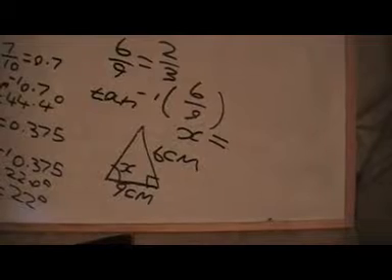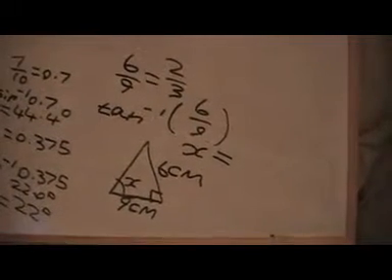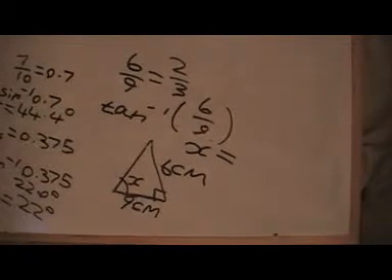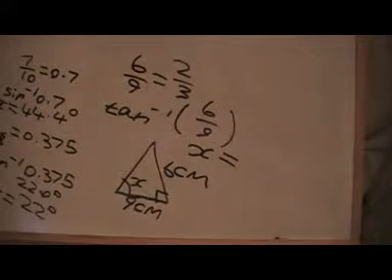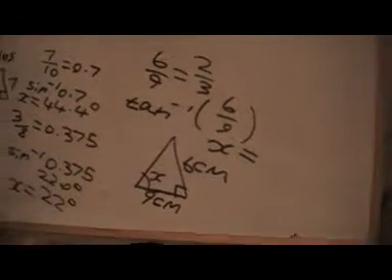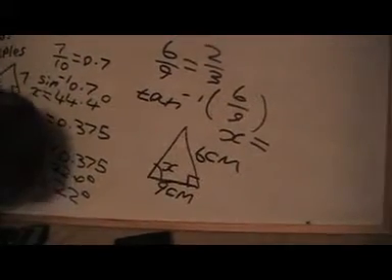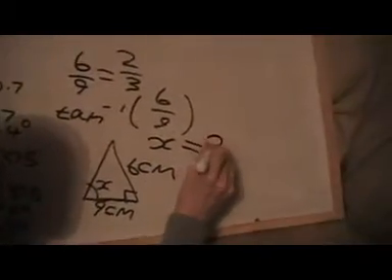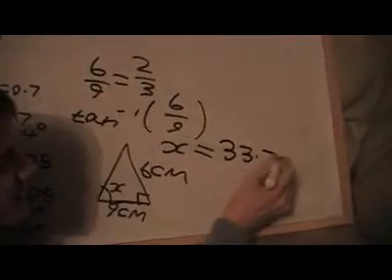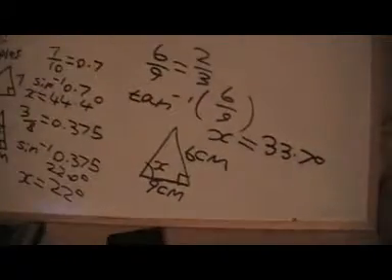So I type that in my calculator, put in my fraction, find the inverse tangent of that. We'll find out that this angle here is 33.7 degrees to 1 decimal place.